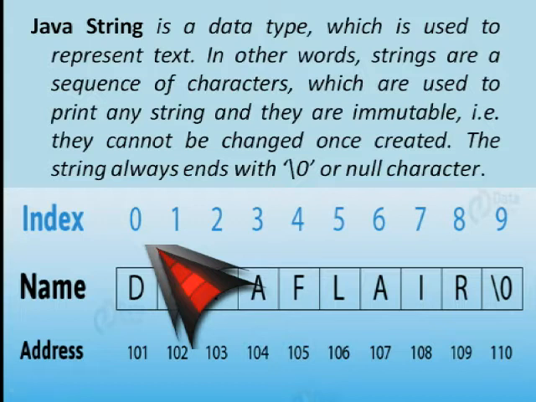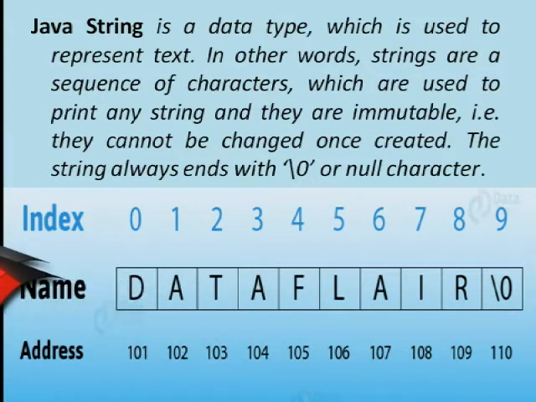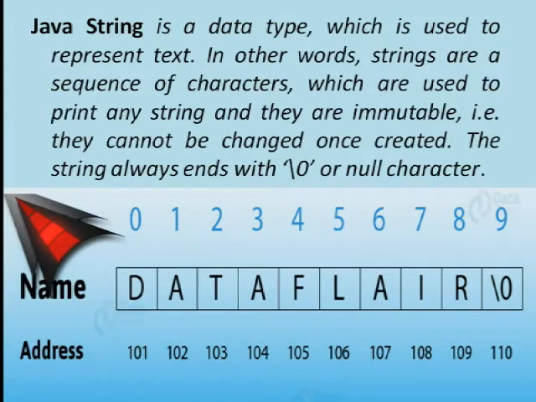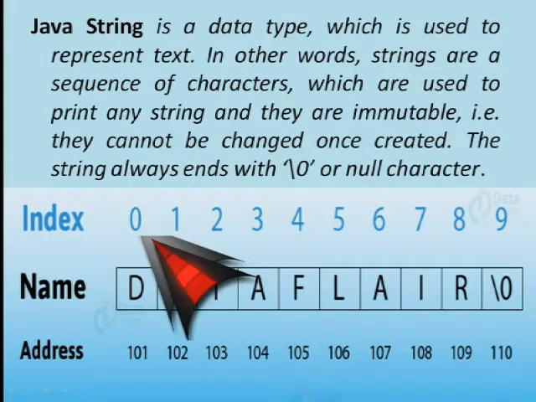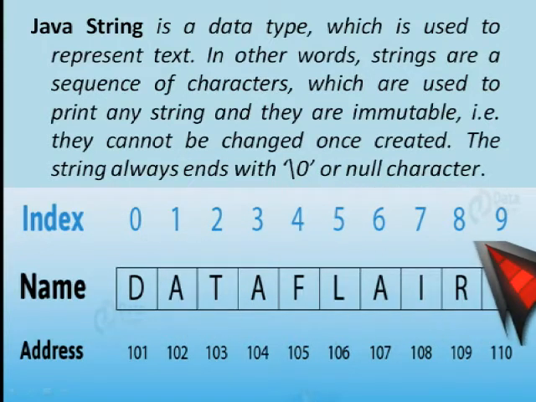We can refer to each and every character from index 0, 1, 2, 3, 4, 5, 6, 7 and 8. So "data flyer" is basically 9 characters, but as it starts from 0, it ends at the 8th position.